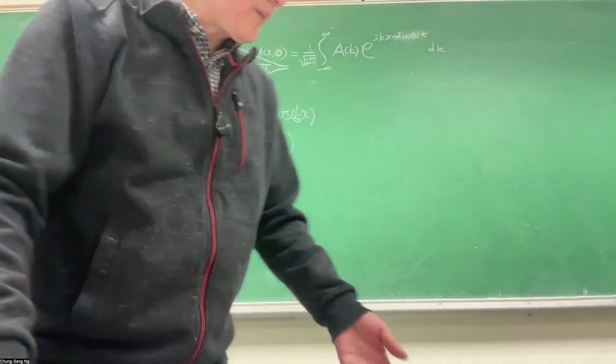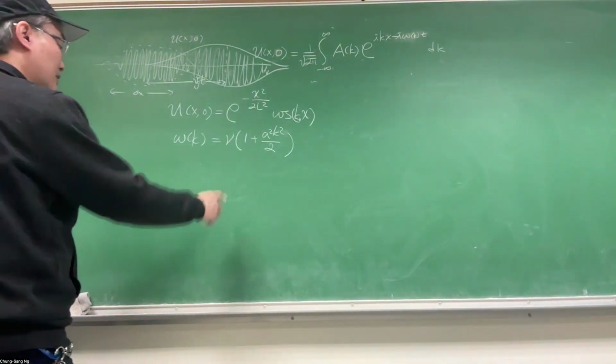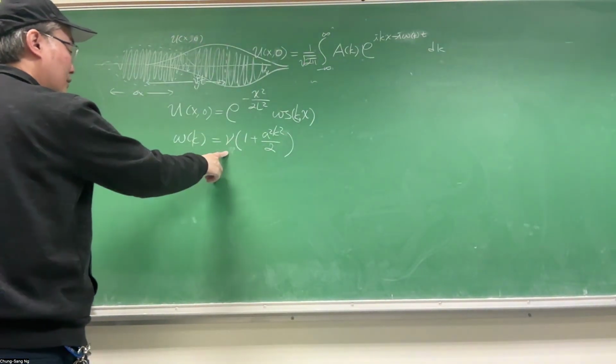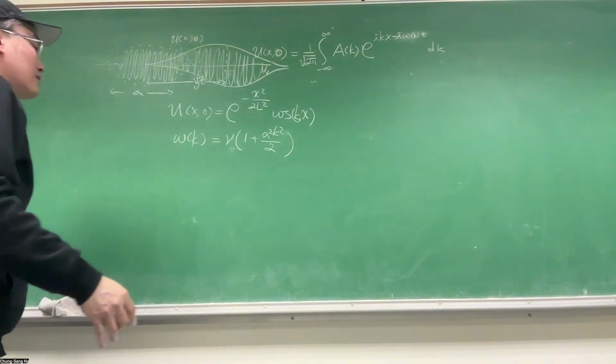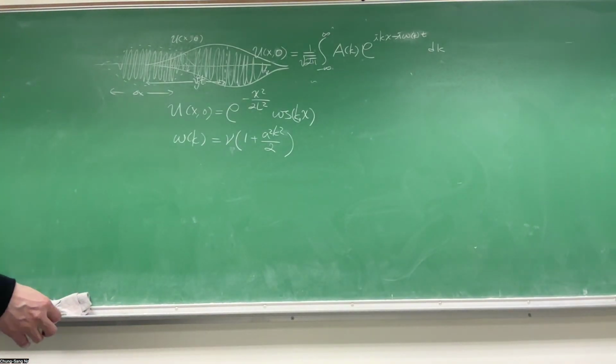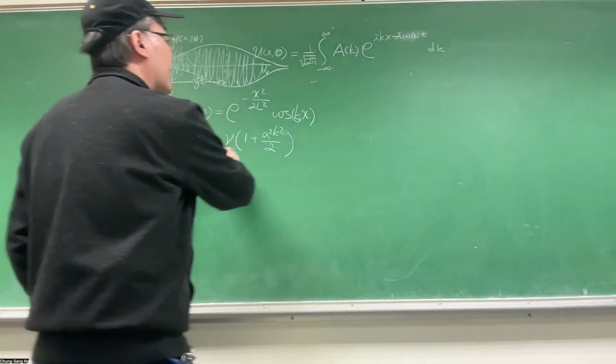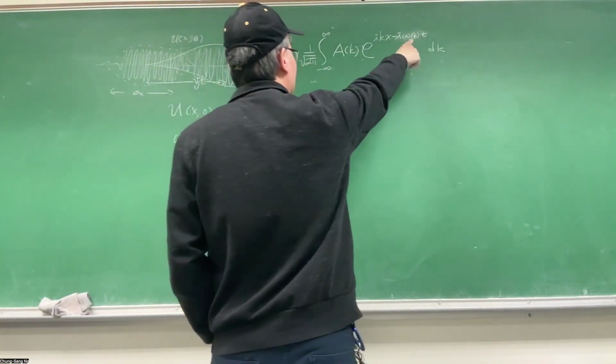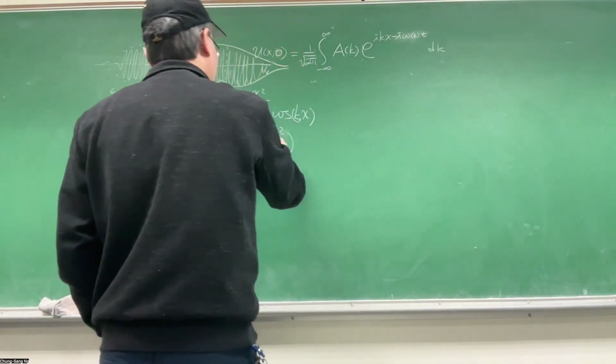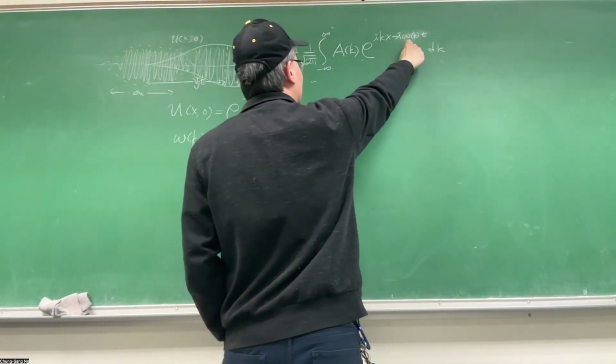But maybe he absorbed the linear term in the omega naught already. So it's just to illustrate the physics of this wave broadening. He's using this kind of omega, so you can put this omega in here. So that will be a k squared in here.